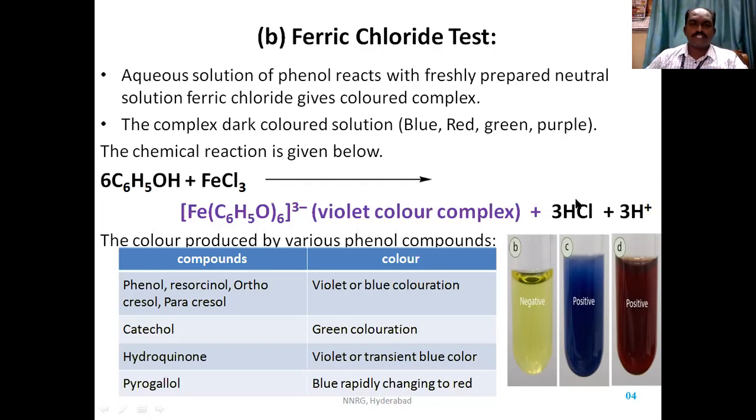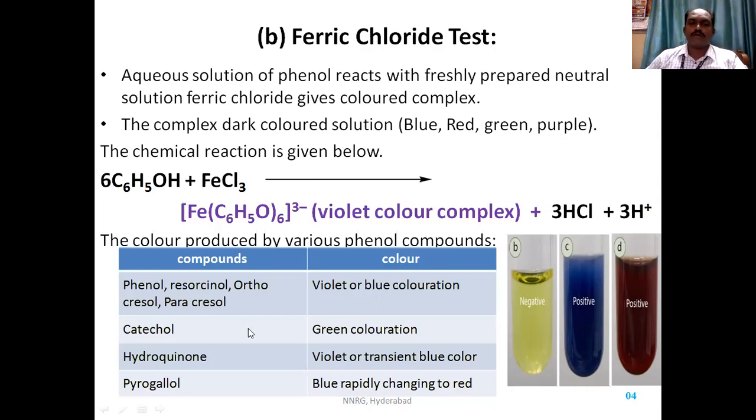The color of the complex varies from phenol to phenol. If it is phenol, resorcinol, orthocresol, or paracresol, the coloration of the complex may be violet or blue.